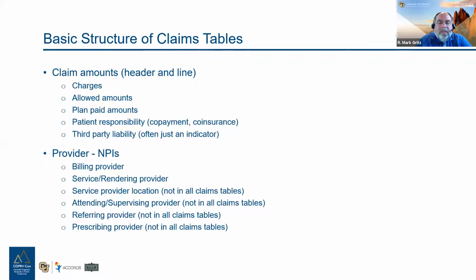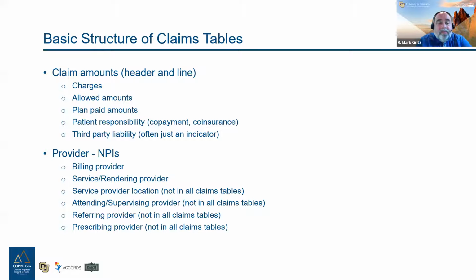Then within those allowed amounts, you will often find a plan paid amount. There will also usually be an amount for the patient responsibility. And then if a patient happens to have secondary health insurance, there will be an amount or often just an indicator that there was a third-party liability for that particular service's claim as well.